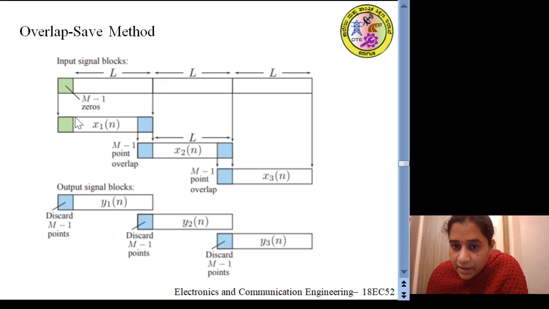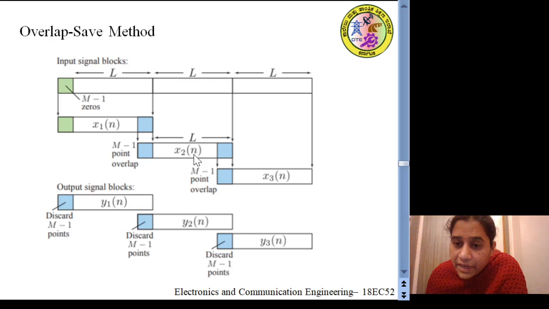The first m minus 1, represented in green color, then the remaining L values are from x of n. We will call this x1 of n.